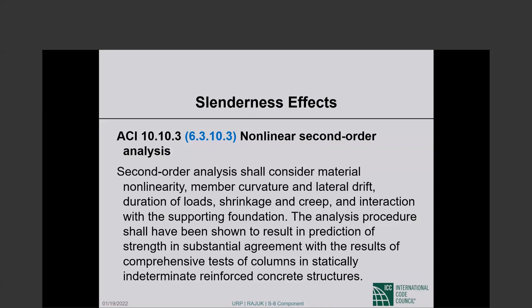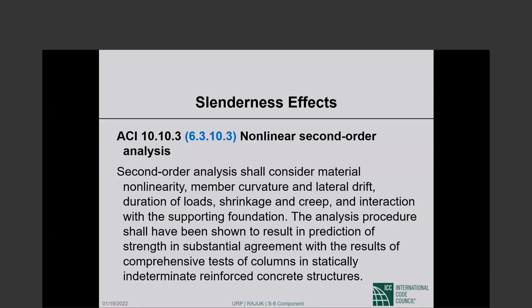The analysis procedure shall have been shown to result in prediction of strength in substantial agreement with the results of comprehensive tests of columns in statically indeterminate reinforced concrete structures.